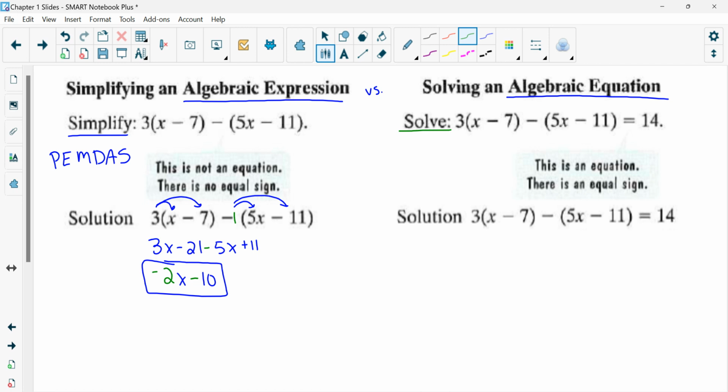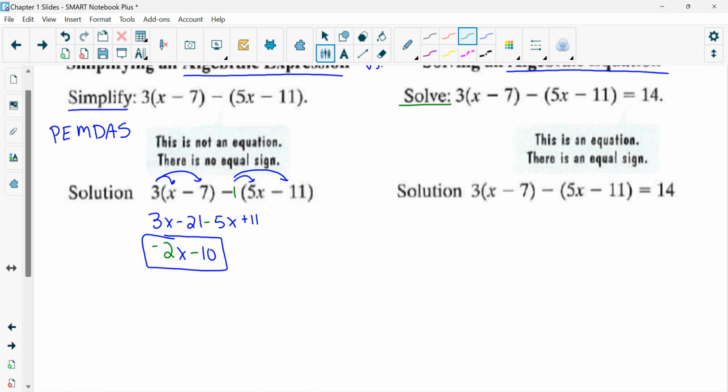When we're solving, again, we have an equation now. So we are going to still, in the beginning, simplify it to make it a little easier. So my first couple steps are still to follow PEMDAS just to make it easier. So I would still distribute the 3, and I would still distribute the -1.